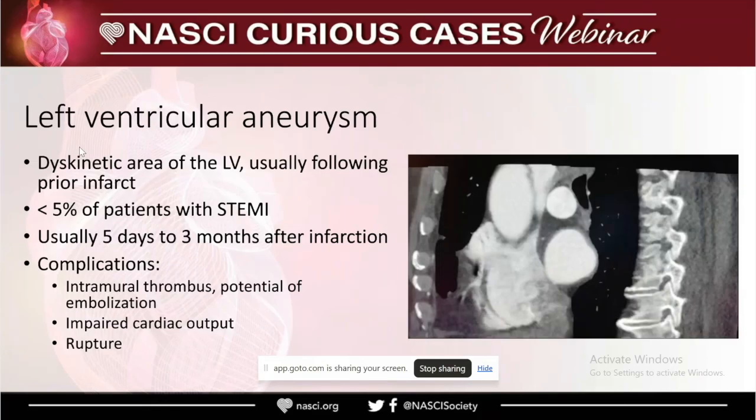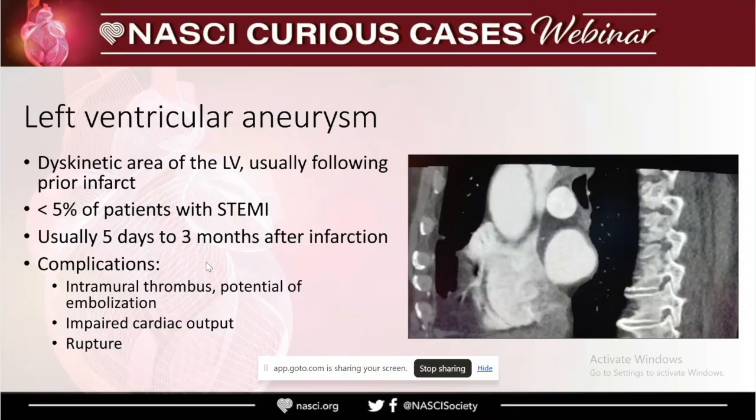Usually, an aneurysm is a dyskinetic area of the left ventricle, usually following a prior infarct. It can occur in 5% of patients with ST elevation MI, usually 5 days to 3 months after infarction. And the main complications are intramural thrombus, which can embolize, and impaired cardiac output, because the functioning heart can pump blood into the left ventricular outflow tract and the aneurysm.